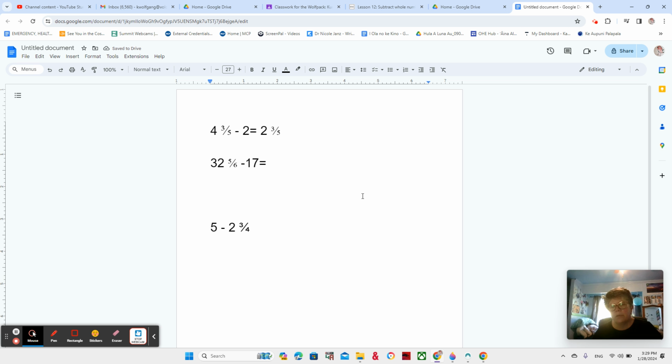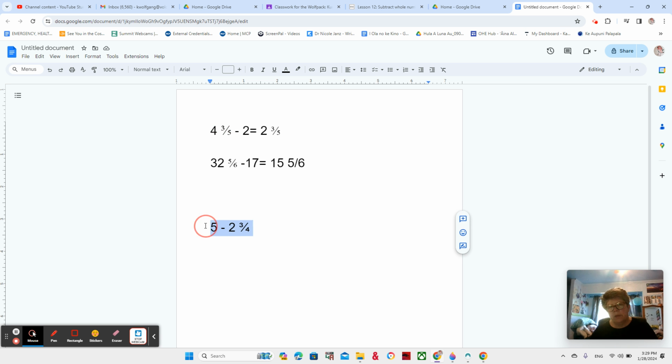Yeah, 32 minus 17. 30 minus 15 is 15. So 32 minus 17 would actually be 15. And 5/6. We still have that 5/6 of a pizza hanging around. We're giving away 17, but we still have this 5/6 that we just stuck on the side to eat later.